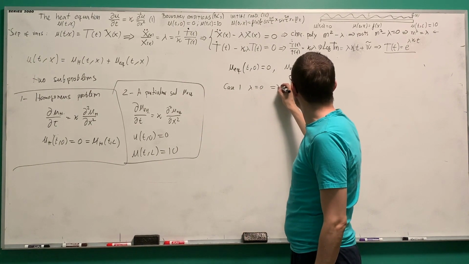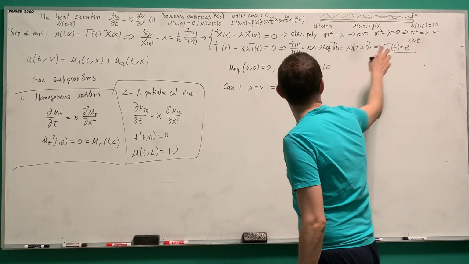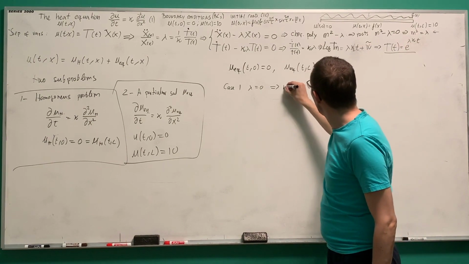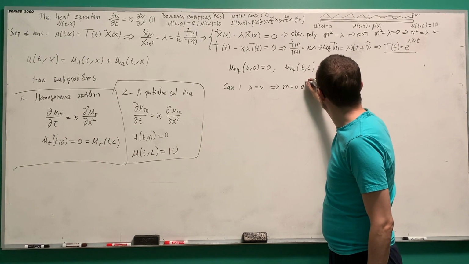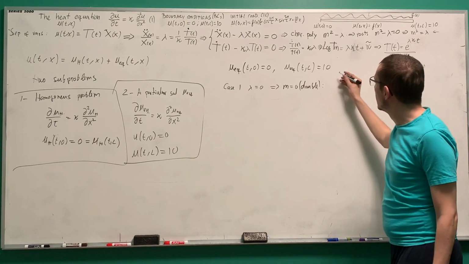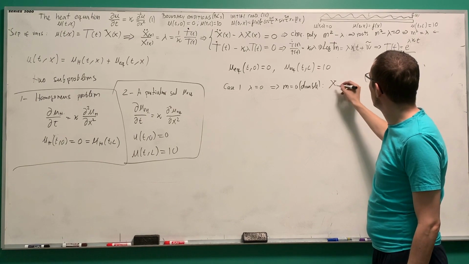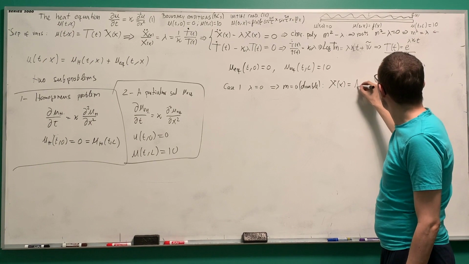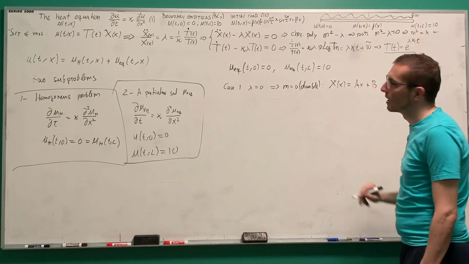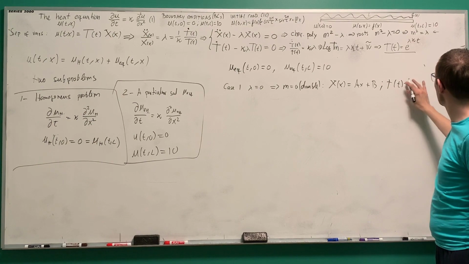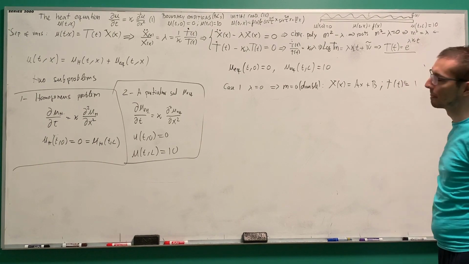That means that we get the roots m equal to 0 double. With a 0 double root, we know that the x part is equal to ax plus b. And we also know that the t part in that case is just 1.